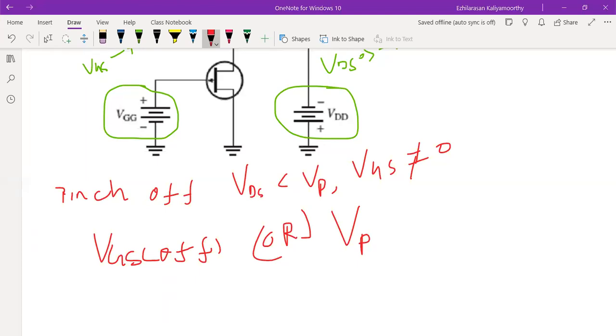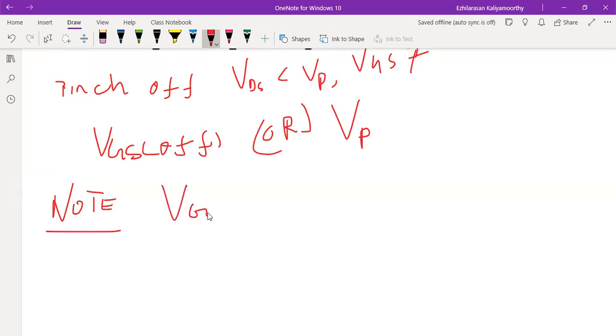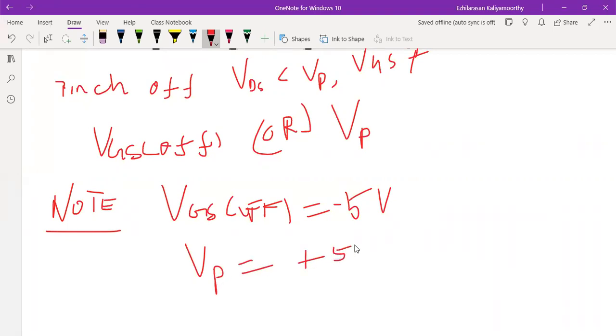Now the very important thing you have to note down here. This you have to make an important note, because when you are going to solve the problem, it is very important. When VGS(off) is minus 5 volt, then VP is equal to plus 5 volt. Keep it in mind.